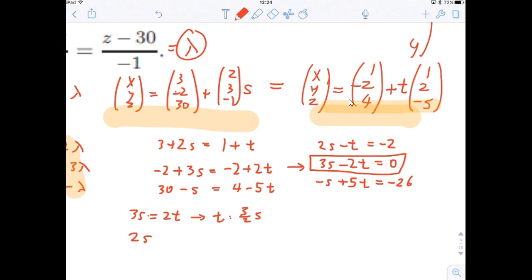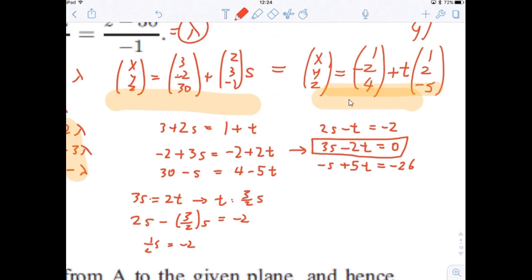So 2S minus 3/2 S equals -2. Let me simplify that. So that would be 1/2 S equals -2, which means S equals -4. If S equals -4, I can immediately find T, because I know that T equals 3/2 S. So T is equal to -6.